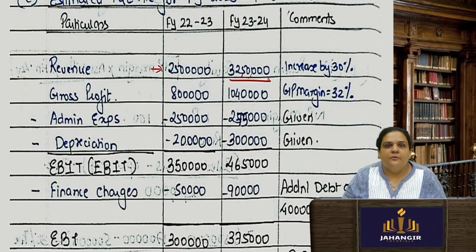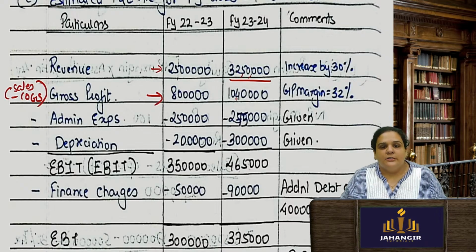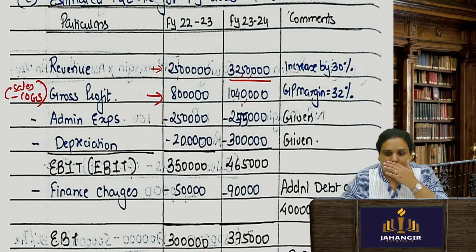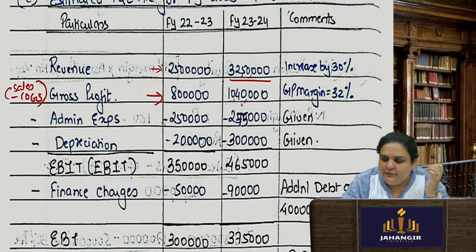32% of 32,50,000. See, my gross profit was 8 lakhs, no? Sales minus COGS, I have done it here only for you all. So it will be 32,50,000 into 32%, 10,40,000.